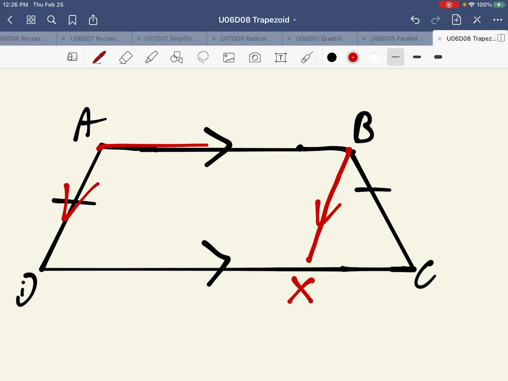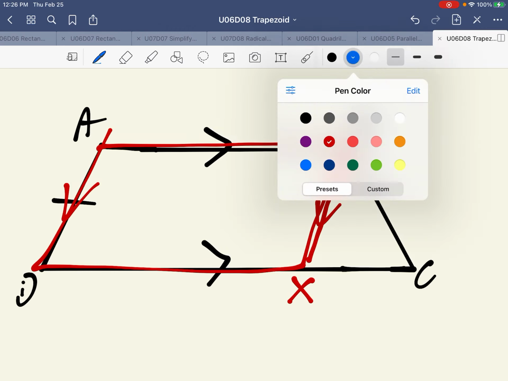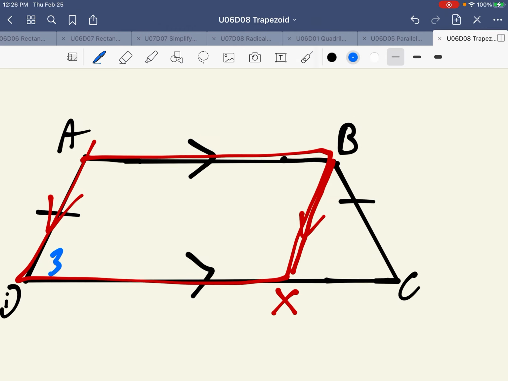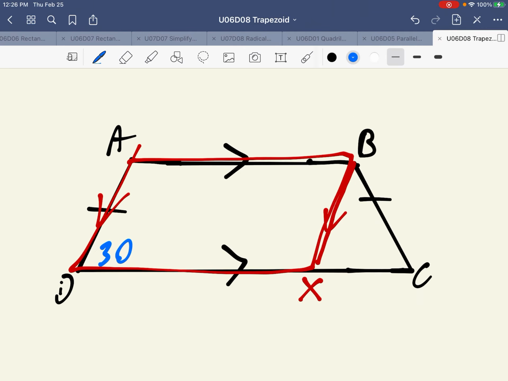So that makes ABXD a parallelogram, which means that these angles, like if we said this was 30, these angles here would have to be supplementary because the adjacent angles in a parallelogram are supplementary. This angle over here would have to be 30 degrees because it's a linear pair with the angle at x.